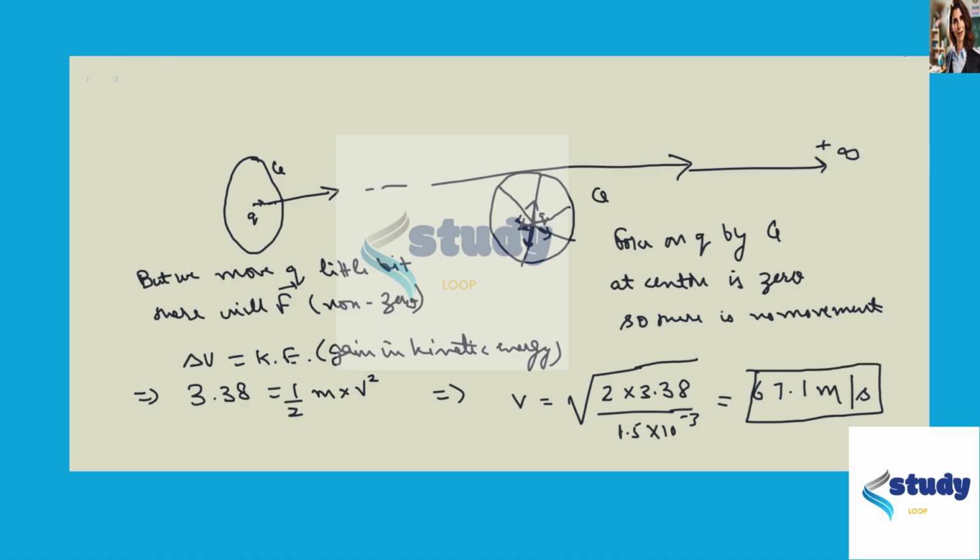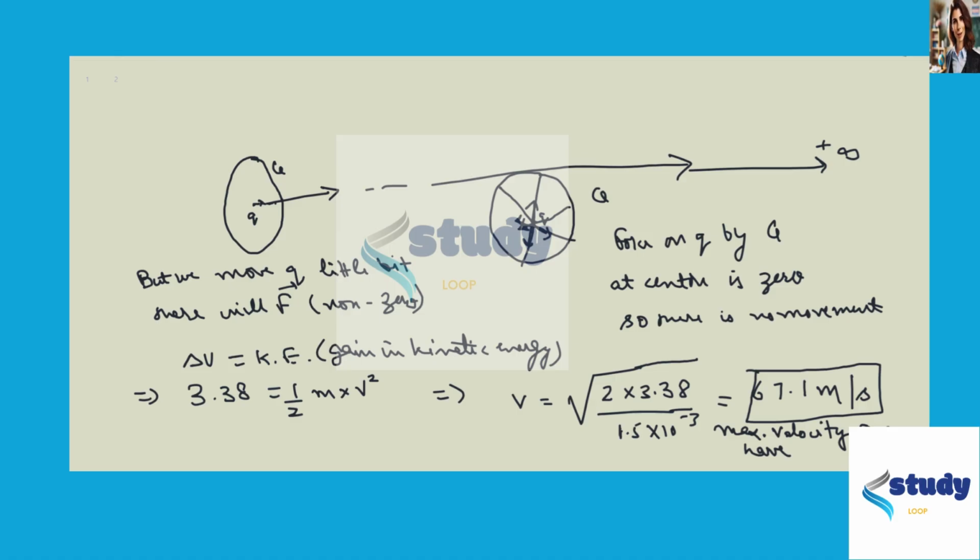So that's the maximum velocity Q can have. It's very easy because the kinetic energy is maximum when the whole potential energy is converted into kinetic energy.